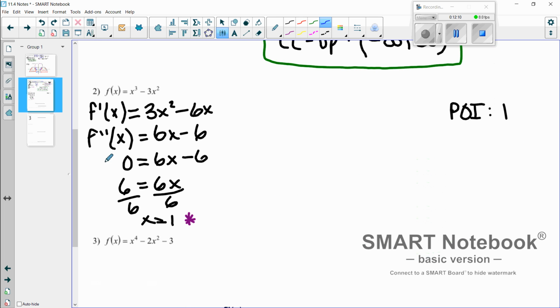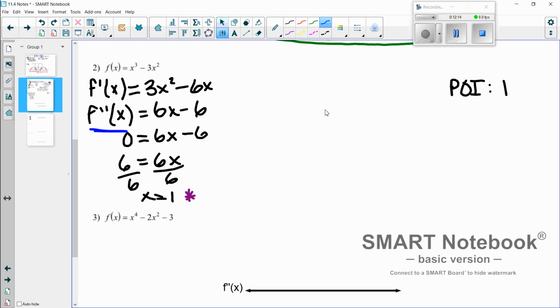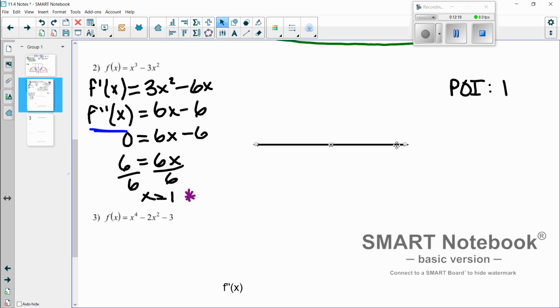We're actually going to be using a number line to help us determine our concavity. I'm going to throw this notation here for the second derivative just to make sure we are plugging these values into the second derivative again. I'm going to keep saying it because it's super important.